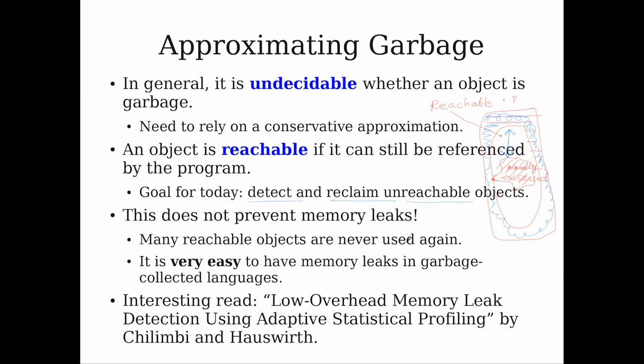Any question up to now? Any queries? So you have your entire memory. Within the entire memory, you have a certain part which is reachable. And within that reachable part, you have a certain part which is useful.